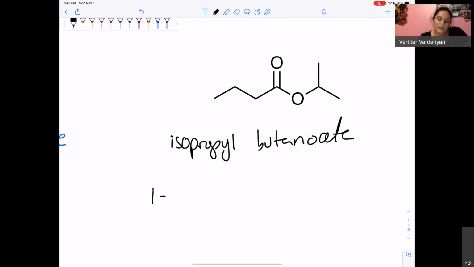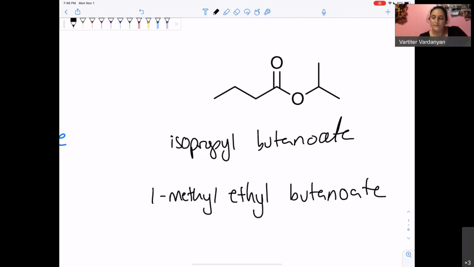The IUPAC would be 1-methylethyl butanoate. Why is it 1-methyl? Is the methyl on carbon 1? This would be 1, and this would be 2. So this is the 1-methyl, and then this is the parent chain, which is the ethyl. Okay, got it. Cool.